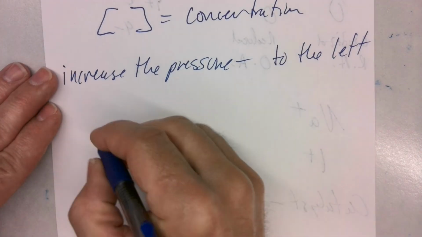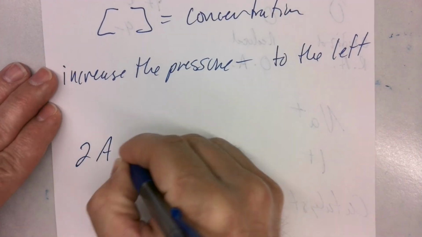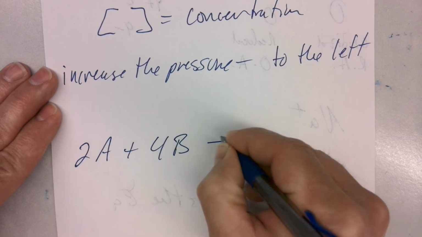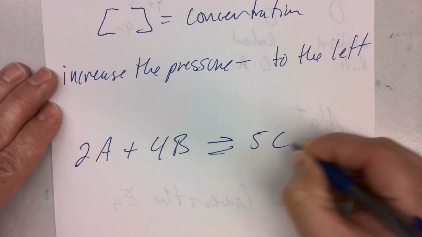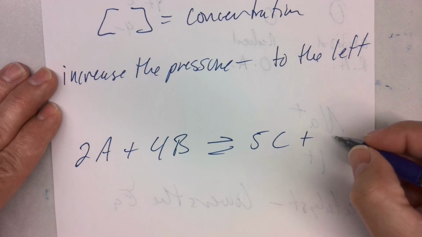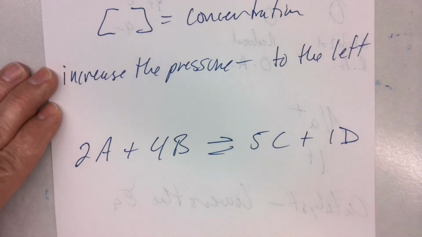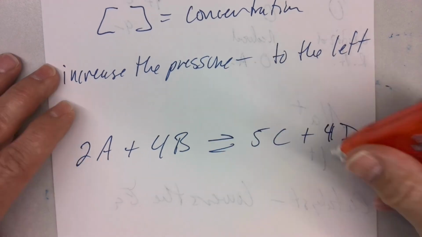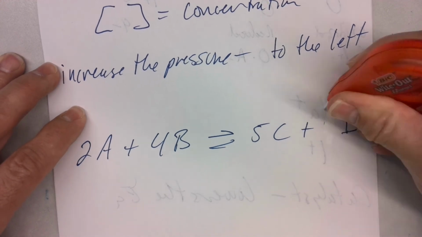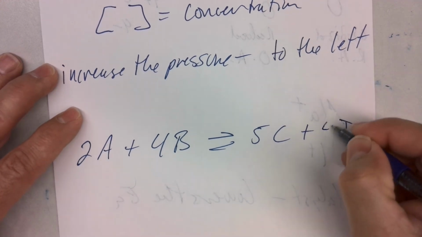Now what if I did this? Let's say I went 2A plus 4B is in equilibrium with 5C plus 1D. No, let's say 4D, right?